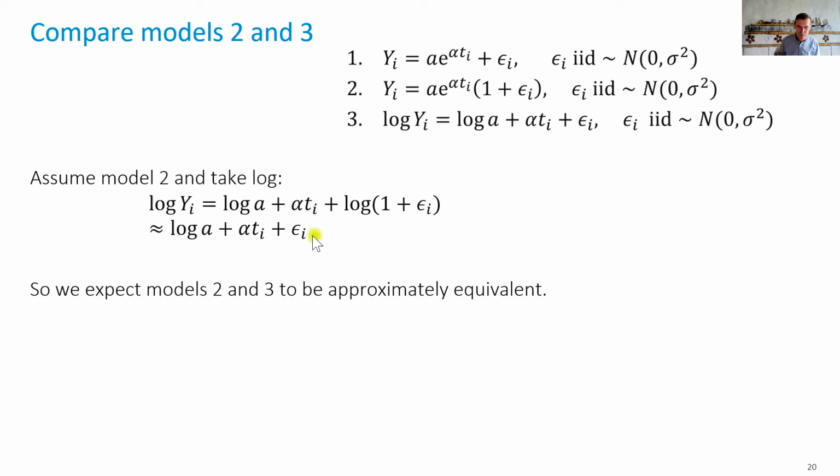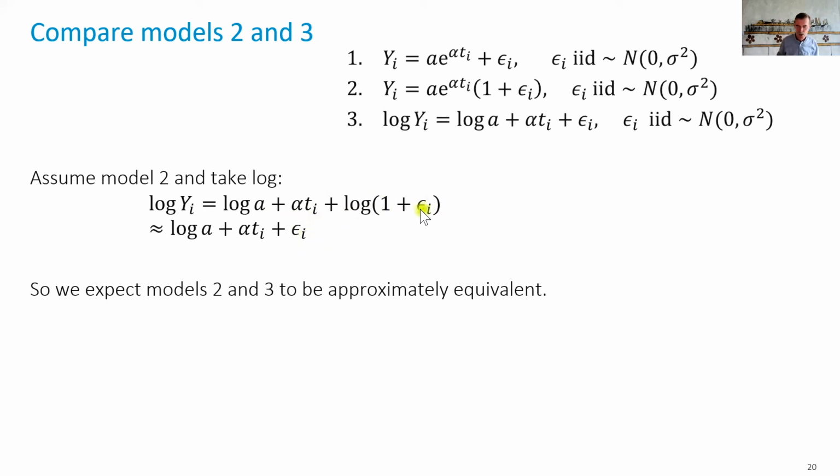However, if the noise is not too large, which most of the time we expect is the case, otherwise the fitting is going to be very difficult. If the noise is small, so remember, this is the relative noise, it is the relative error. So if the error is a few percent, then log 1 plus epsilon for such epsilon is almost equal to epsilon.